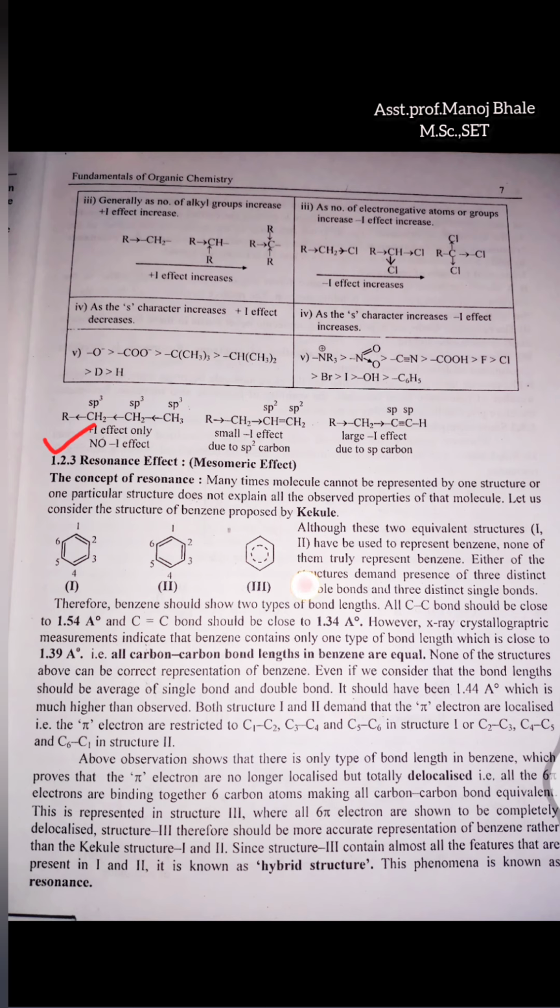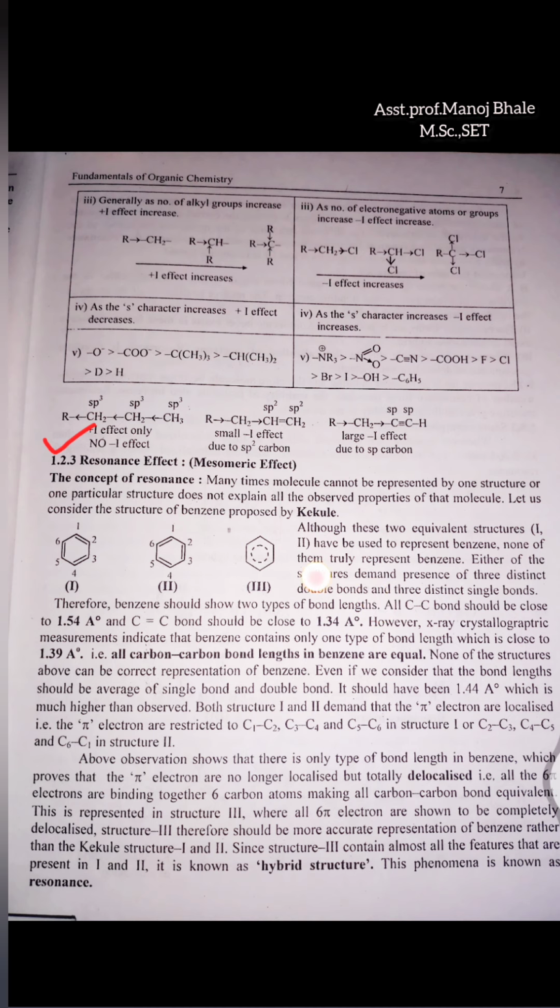That means structure number 3 is the correct one here. In structure number 3, all bond lengths are equal. Why? Because of the resonance effect. The resonance effect is responsible for all bond lengths being equal in benzene.